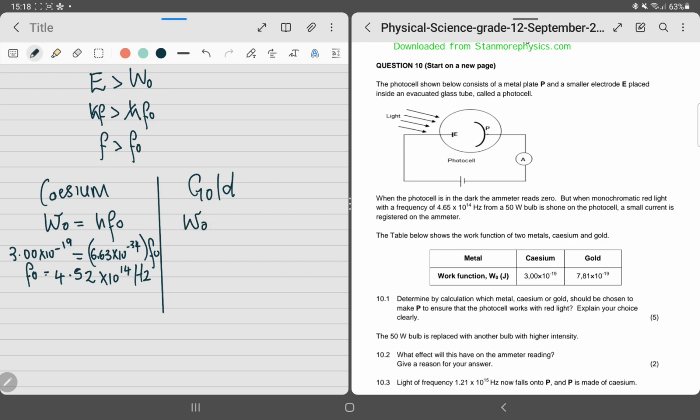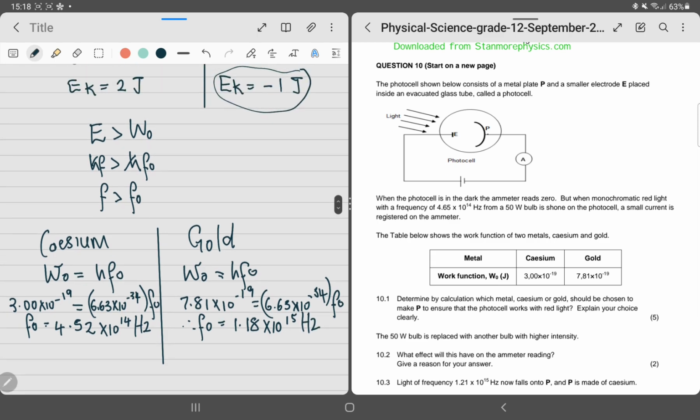And then for this side, this should be 7.81 times 10 negative 19 over 6.63 times 10 negative 34 f0. So the threshold frequency for the gold is, so I'm getting 1.18 times 10 to the exponent of 15 hertz. Now, you remember what we said?